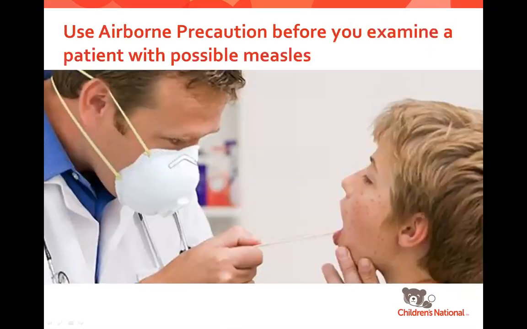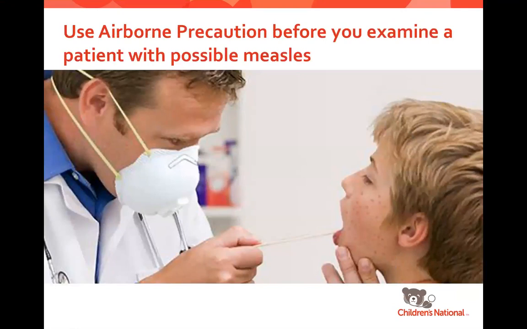So this is just a reminder again to use airborne precautions before you examine a patient with possible measles. Also, I wanted to remind you this child here does not have a surgical mask on because the physician is looking in their mouth, hopefully to try to find Koplik spots in there. When you have your patient in the room, they should continue to wear the mask the entire time they are in the room.